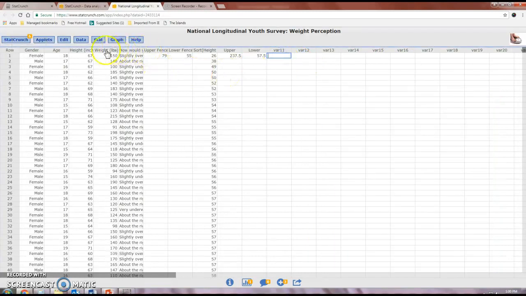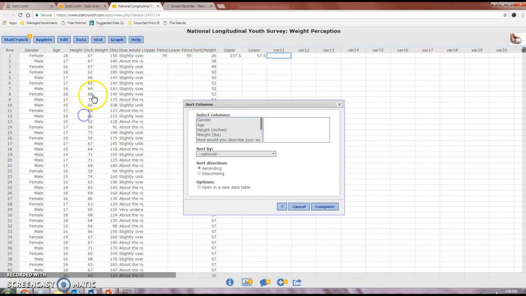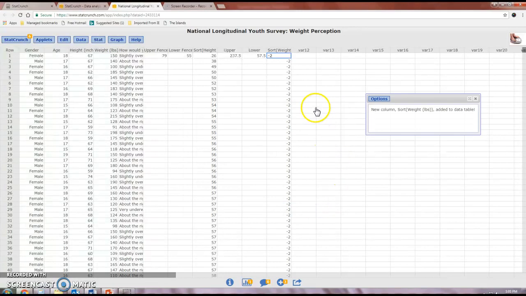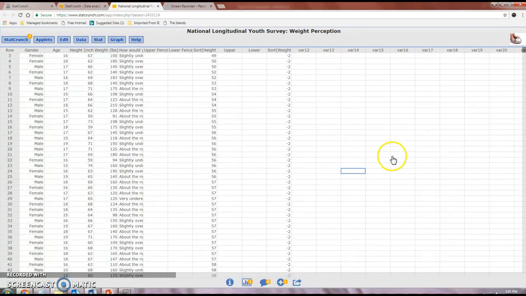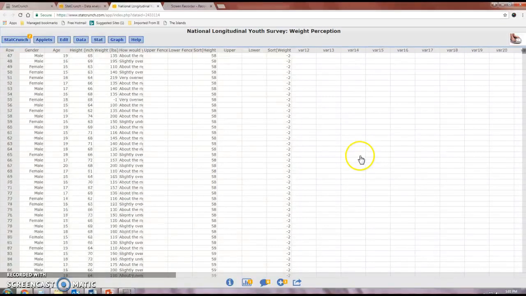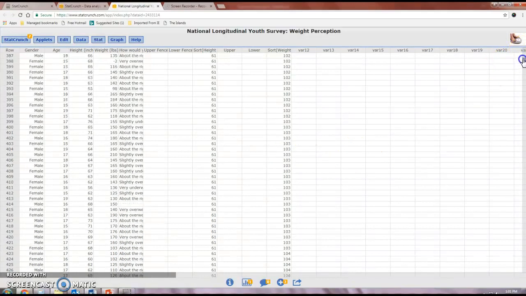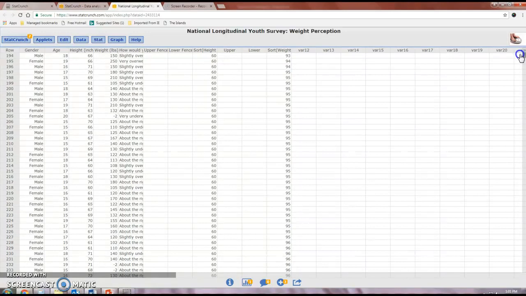I want to sort my weight. I can compute that. Oh my word. So we got, I don't know how many -2s, and quite a few -1s.